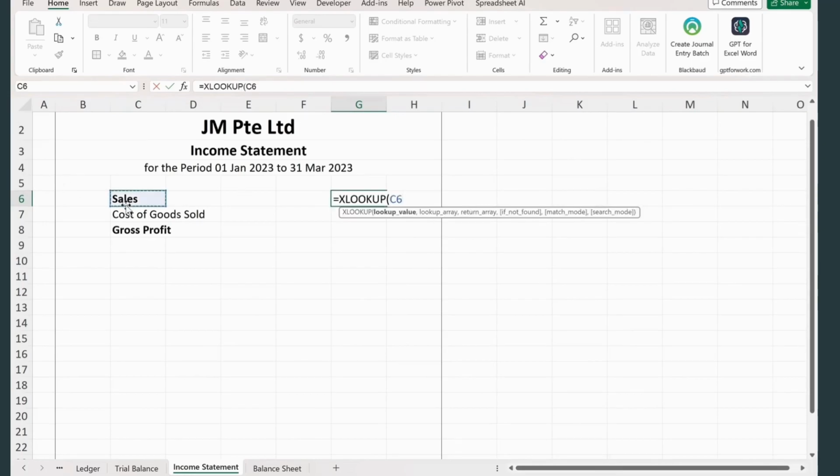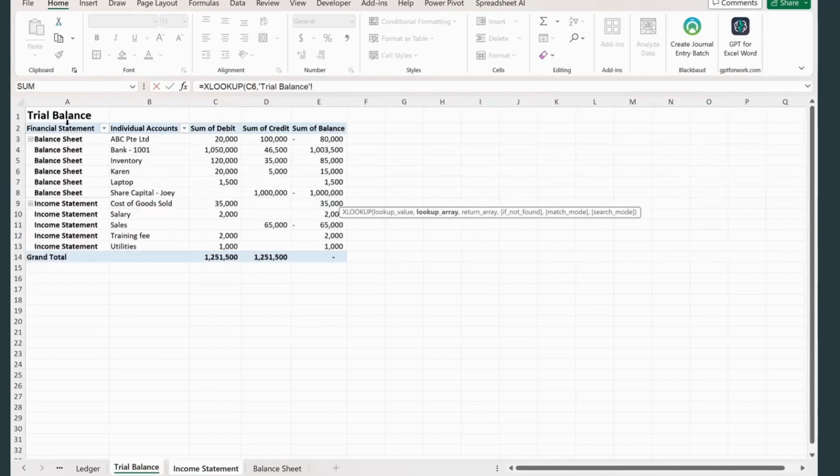So we use XLookup to look up sales value from the table.